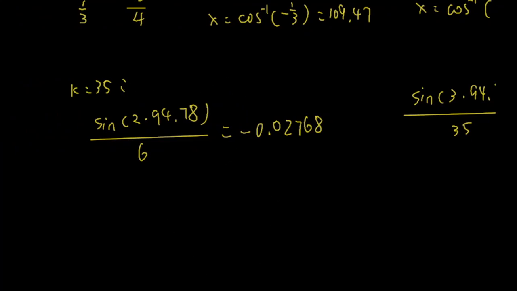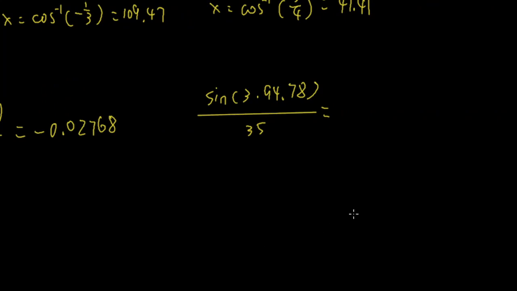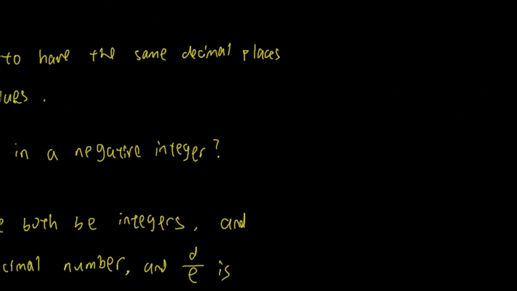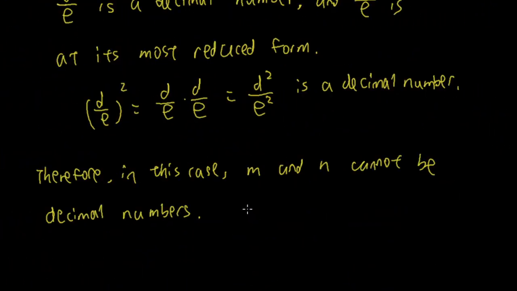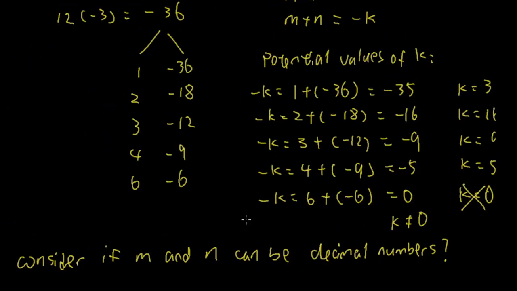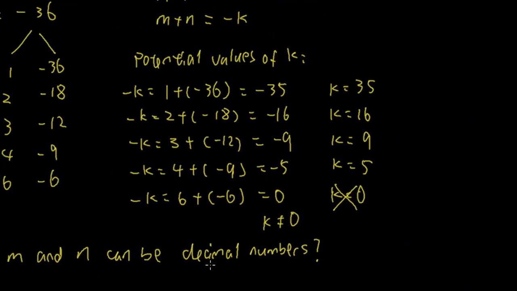In that case, that would give you approximately negative 0.02768. So here, the values are the same. That shows k equals 35 works.